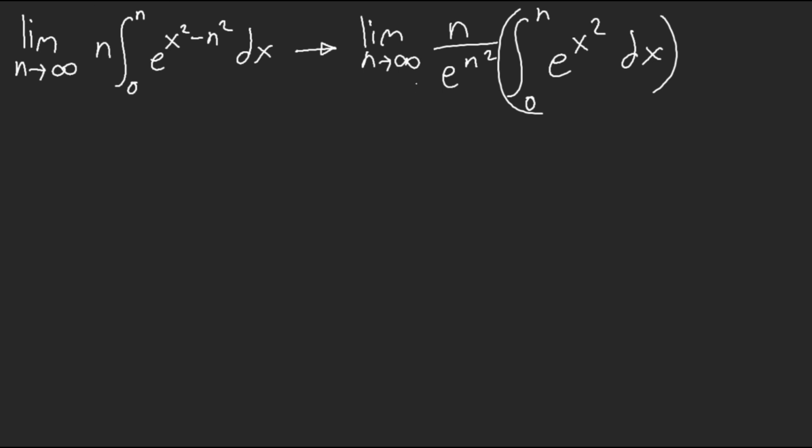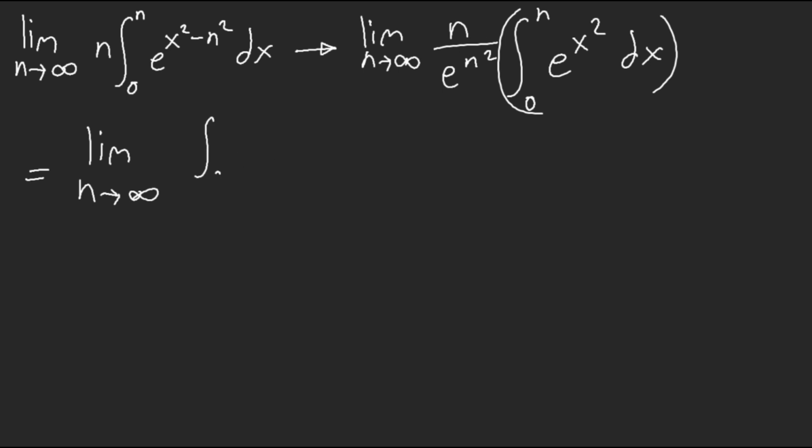And is this allowed? Yes, it is. It is allowed that you can apply L'Hopital's rule like this. It is justified. So we go ahead and apply L'Hopital's rule. Here, be very careful because you actually have n times this integral. So what that means is we actually have product rule.